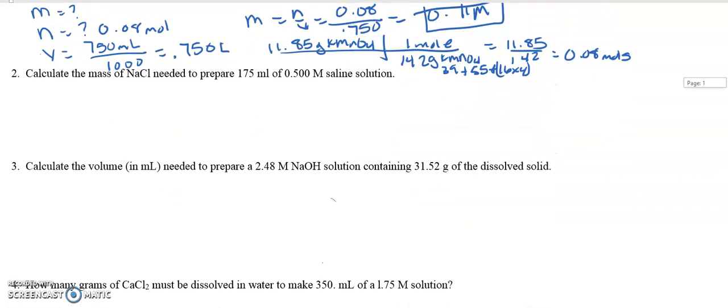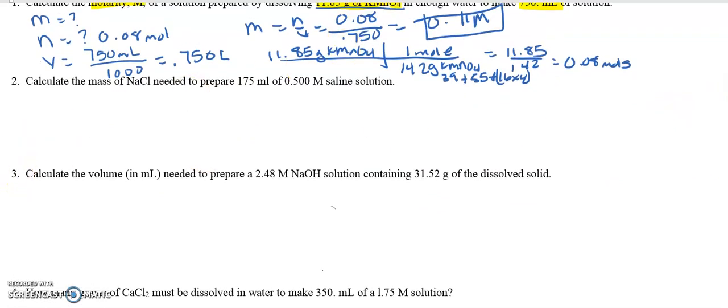There are 4 total we're going to work through. Okay, I'm going to grab a different highlighter. When I calculate the mass of sodium chloride, I have 175 milliliters, and I have 0.5 molar.